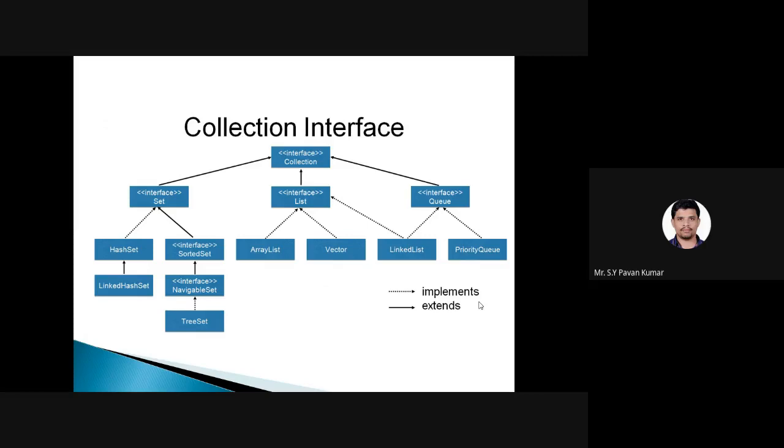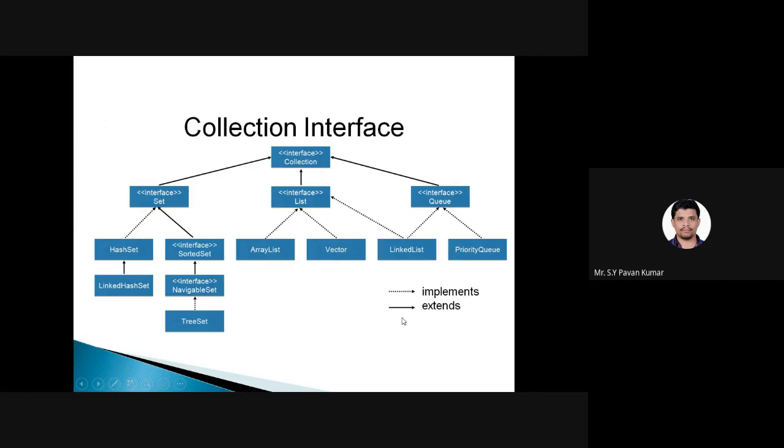Here, if you observe, the solid arrow represents the extending property. Extending generally takes place between two interfaces or two classes. Similarly, the dotted arrow represents implementation.